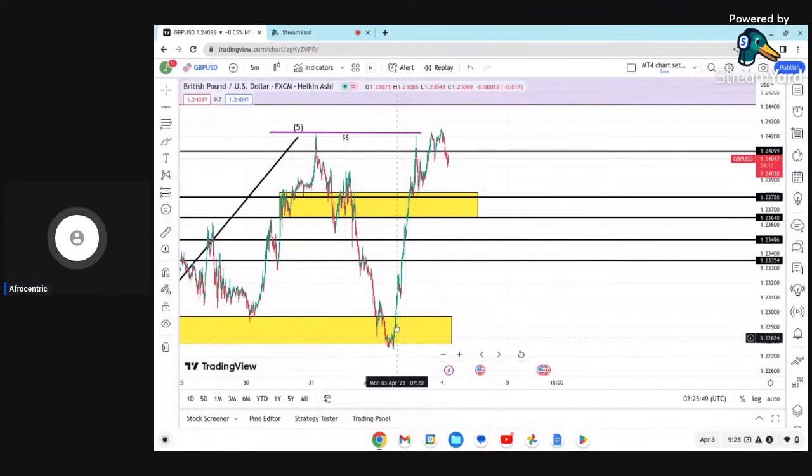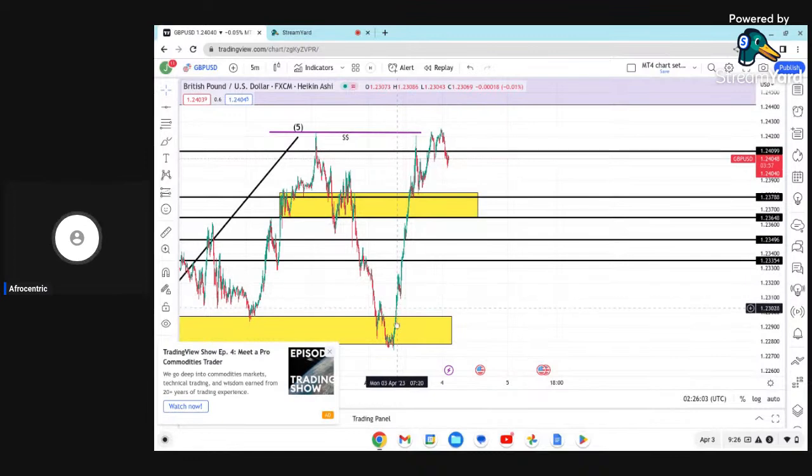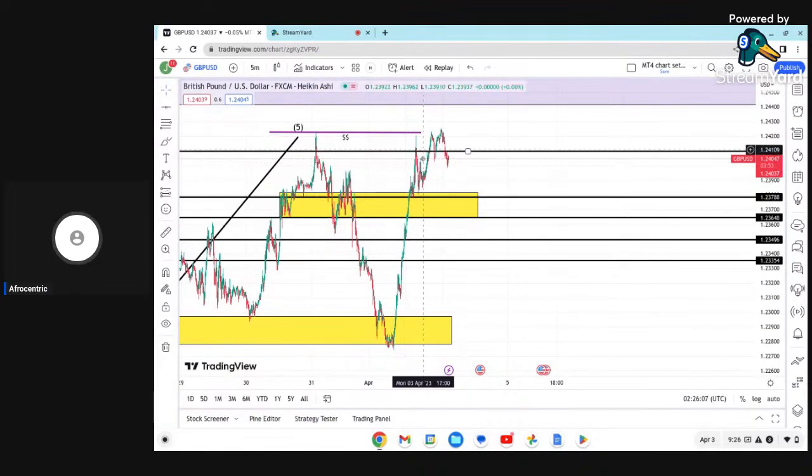But this is a really huge impulsive move right here, and when it tried to fall and come into this box, it just wasn't enough to cover at least half of this. Yes, we have a little pullback here and a continuation going up, but overall this looks like one big impulsive move.